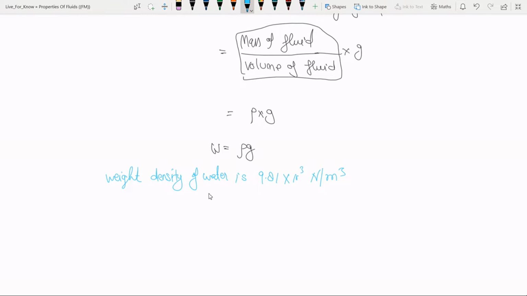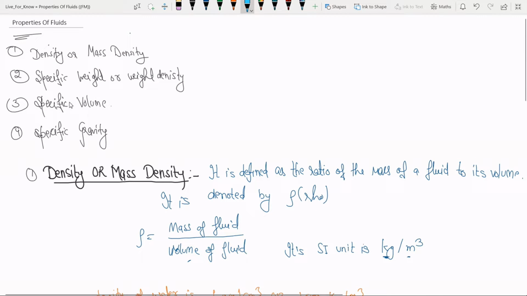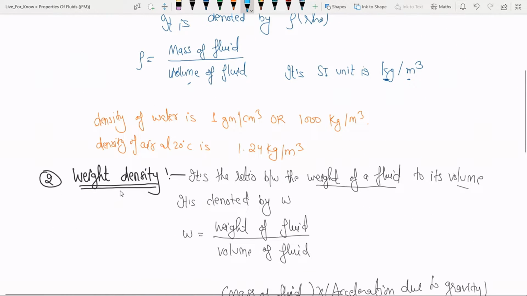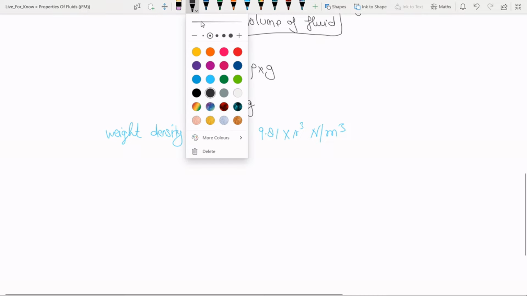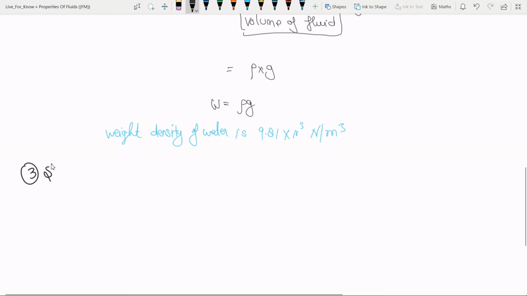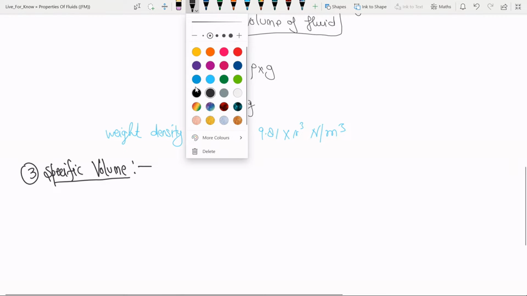After that, the next point, third point, is specific volume. So what is specific volume? It is defined as the volume of fluid occupied by a unit of mass, or volume per unit mass.